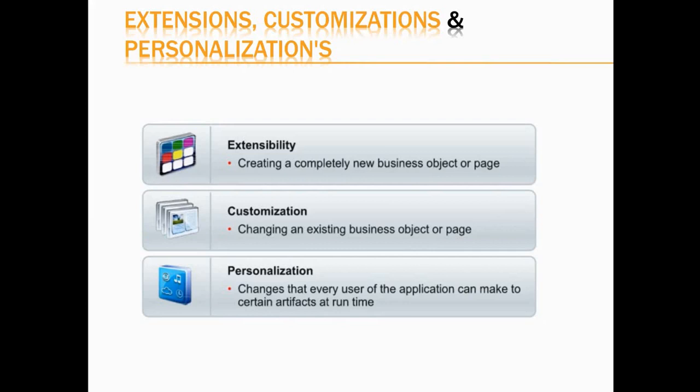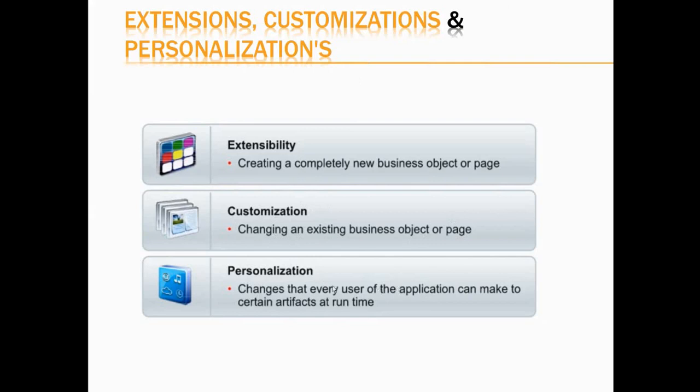If you want to do anything on top of the actual application, all those things I would call customization. Sometimes we call it personalization as well, but I have mentioned personalizations here.